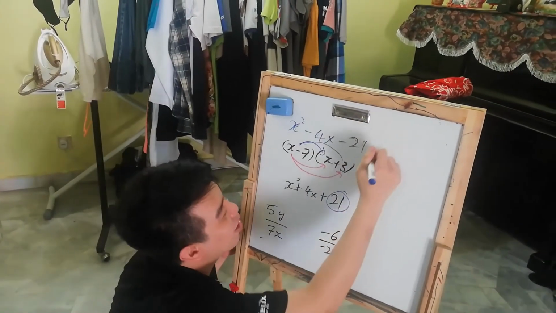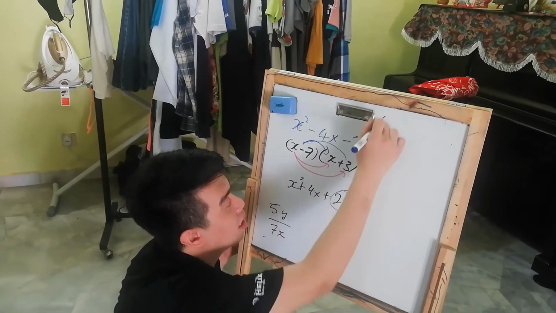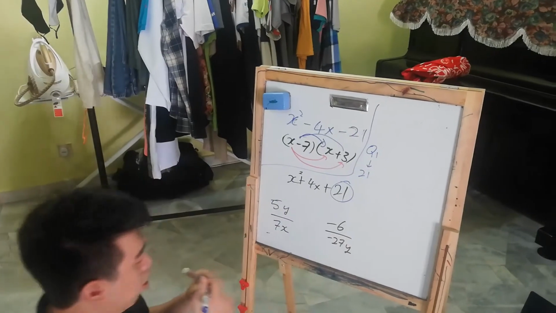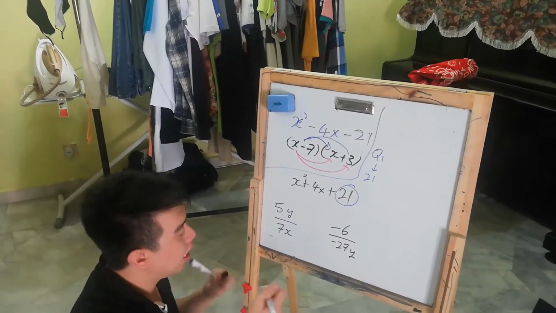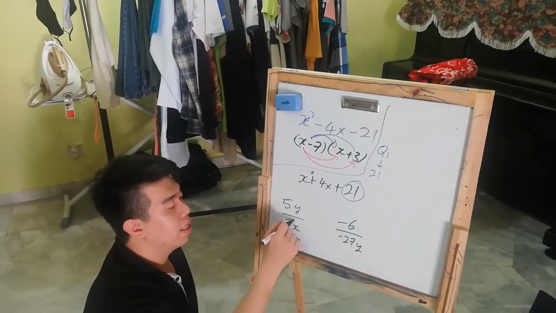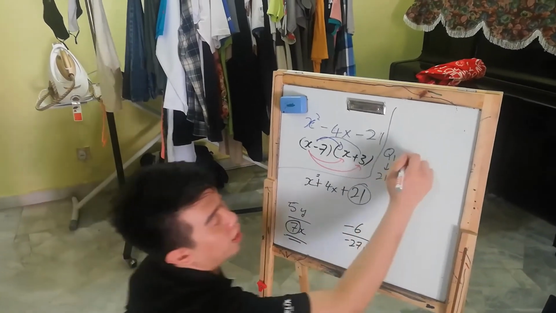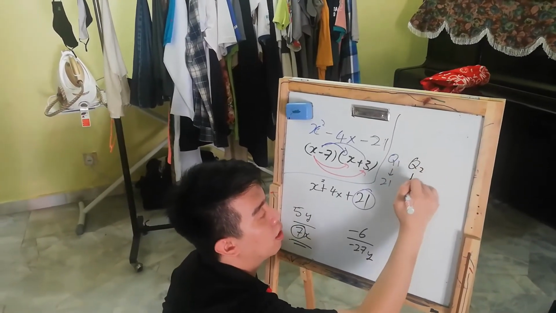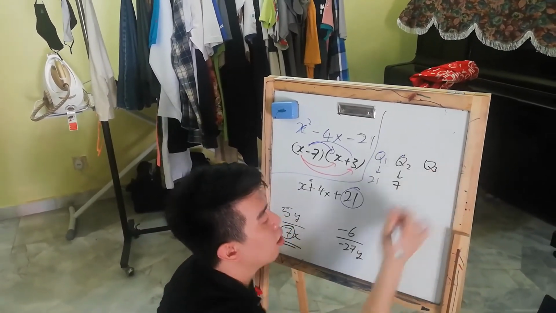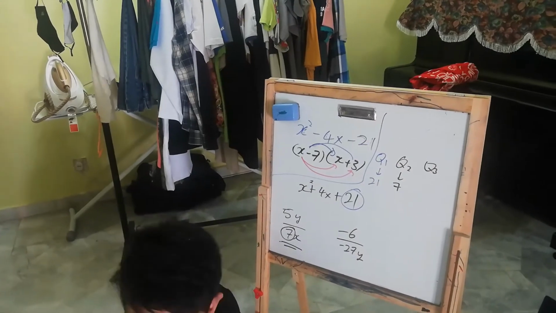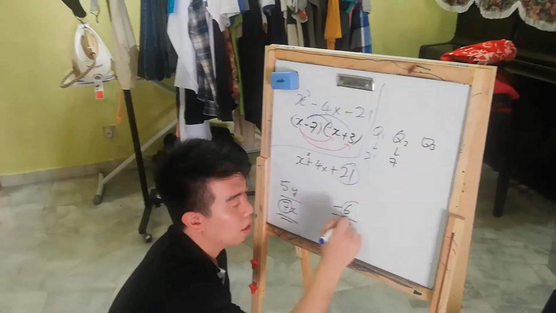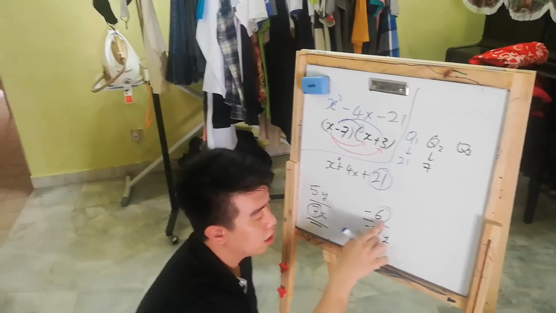So question 1 is 21. For question 2, let's say the answer is this one. So you take the highest number, 7. So question 2 is 7. Question 3. What's the highest number for this? 6, because it's negative 6.